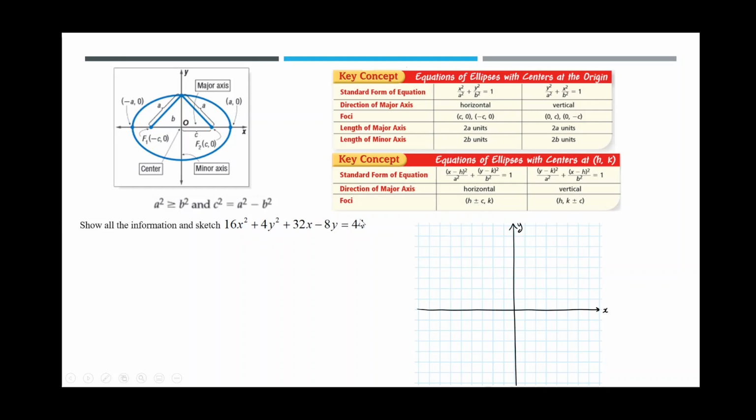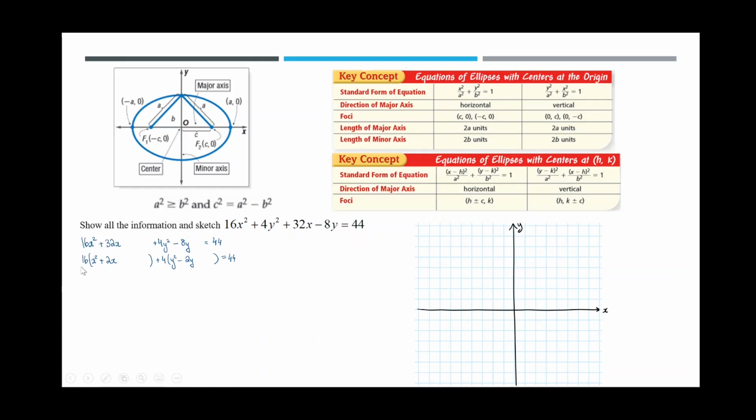Notice again that x appears in 2 spots and y appears in 2 spots. So we need to complete the square so that, whether it's centered at the origin or not, x and y appear only in one specific spot in the equation. Just like before, we're going to complete the square. So I'm going to reorganize both of the x's together and both of the y's together. Just change the order a little bit.